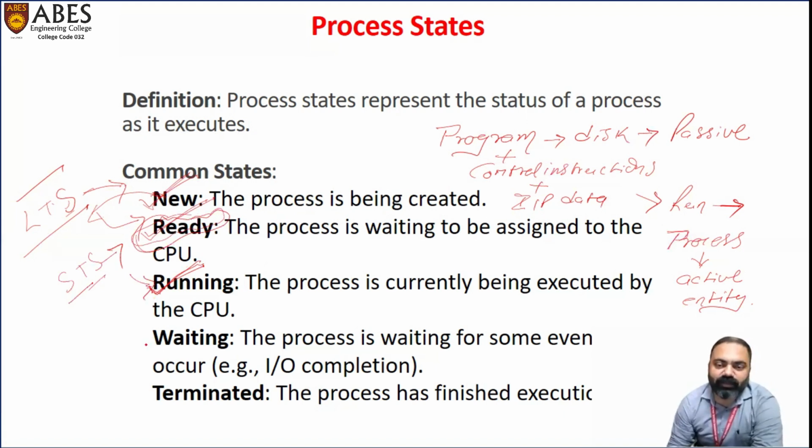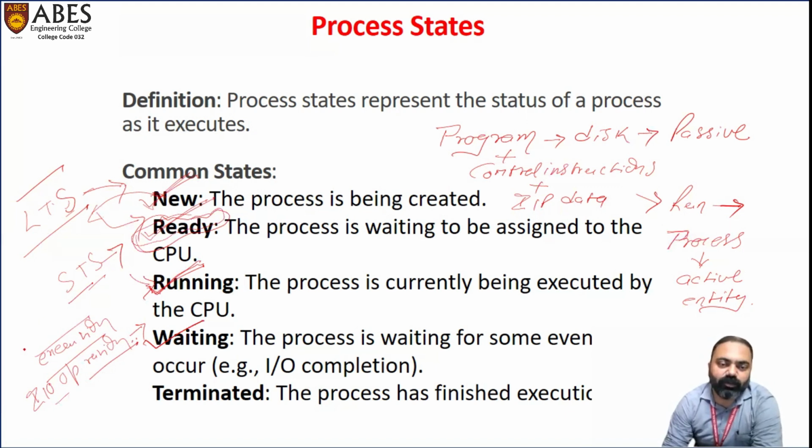What is the waiting phase? The process is waiting for some event to occur. Suppose a process is in execution, and meanwhile the process wants to do some IO operation. As you know, in an IO operation there is no need of the CPU, so for the time the process consumes in IO operation, the CPU will sit idle.